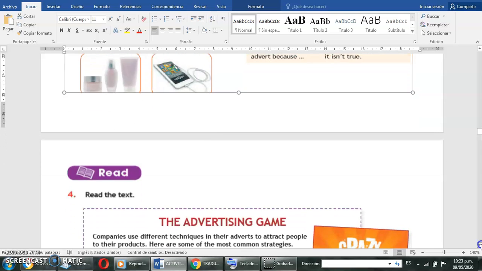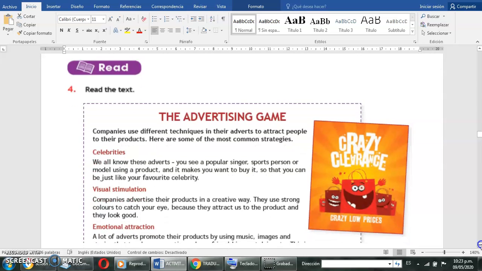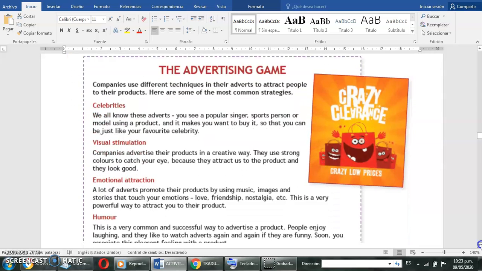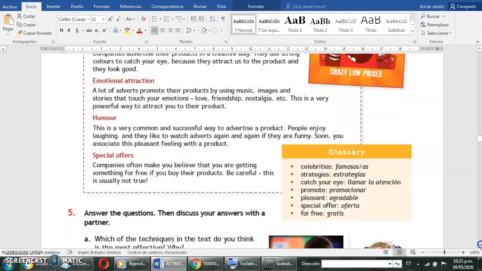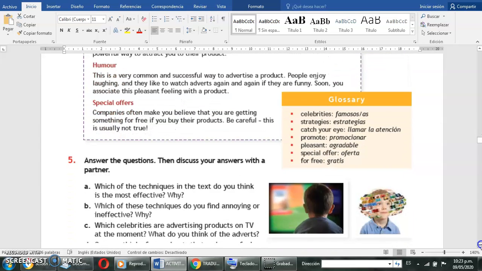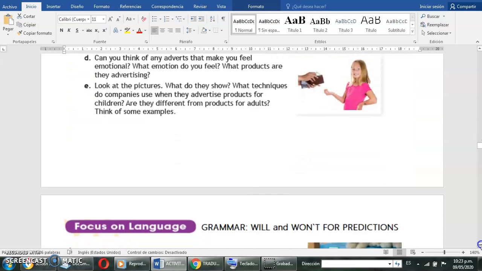The activity number 4 is a reading activity, the advertising game. In this reading, you can know the strategies to develop an advert, and then you have to answer the questions.